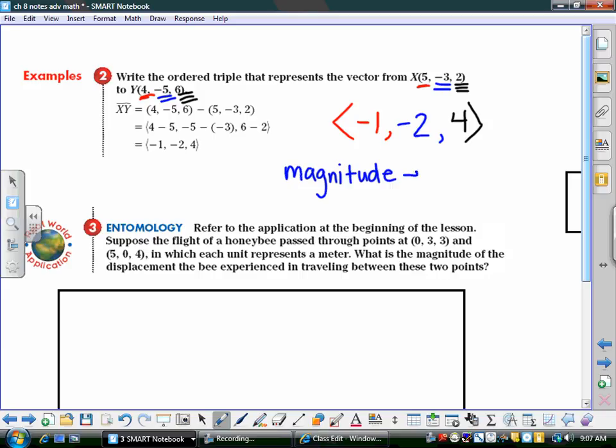To find the magnitude here, we're going to have x squared plus y squared plus z squared equals the magnitude squared. The Pythagorean theorem does generalize out to 3 dimensions. So the magnitude of this vector is the square root of 21.